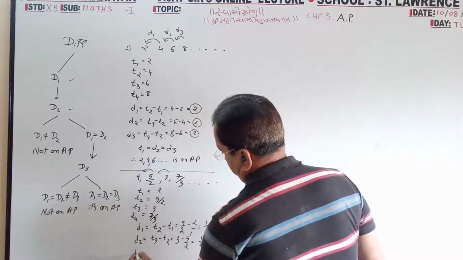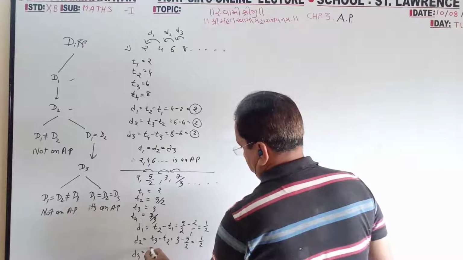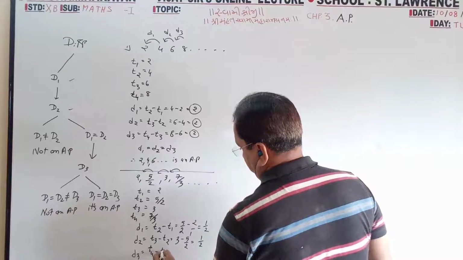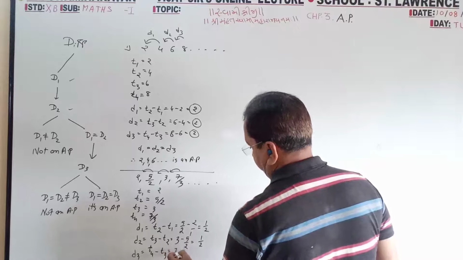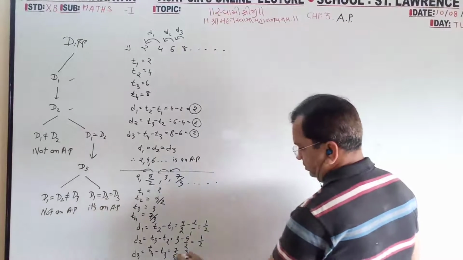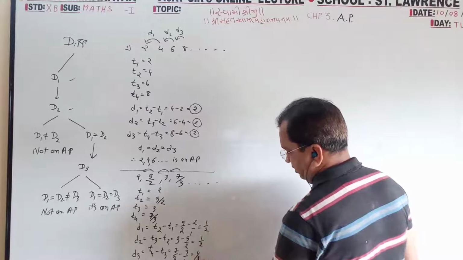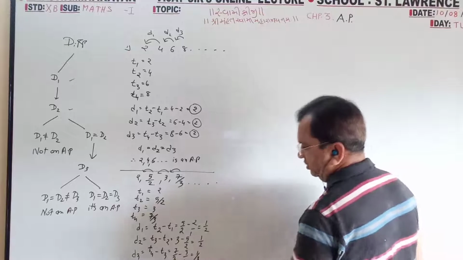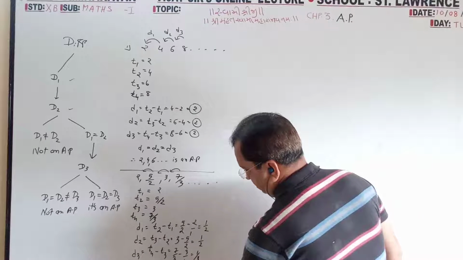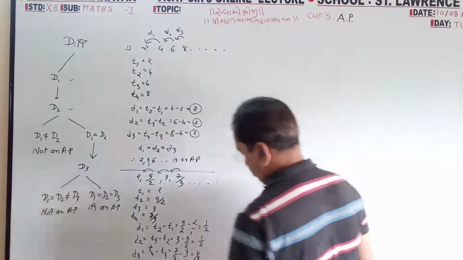Now D3, T4 minus T3. 10 by 3 minus 3, it is 1 by 3. D1 is equal to D2, but not equal to D3. So it is not an AP.